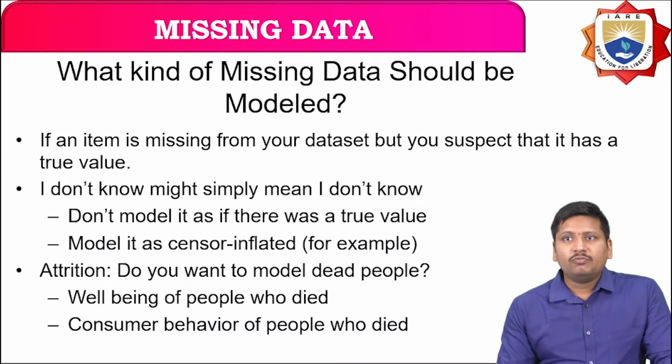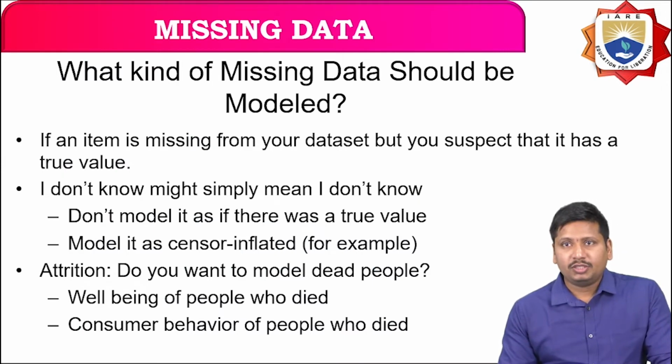Then, what kind of missing data should be modeled? If an item is missing from your data set, can you suspect whether it has a true value or not? Whenever we gather data from multiple sources like primary and secondary, we get some values.